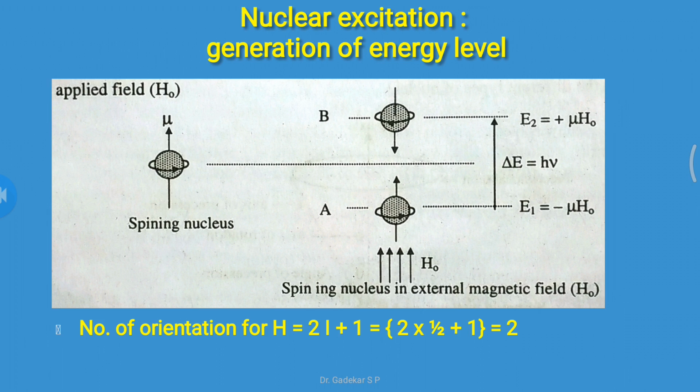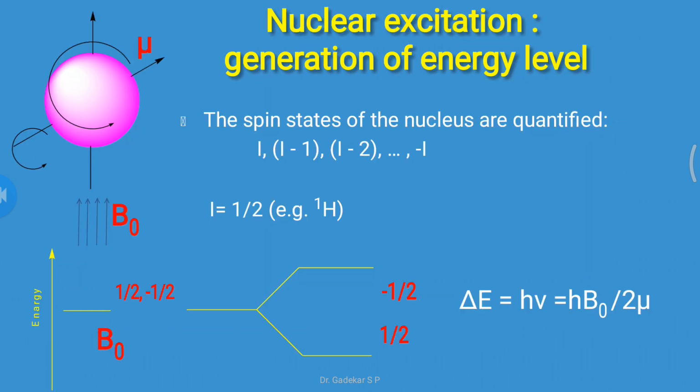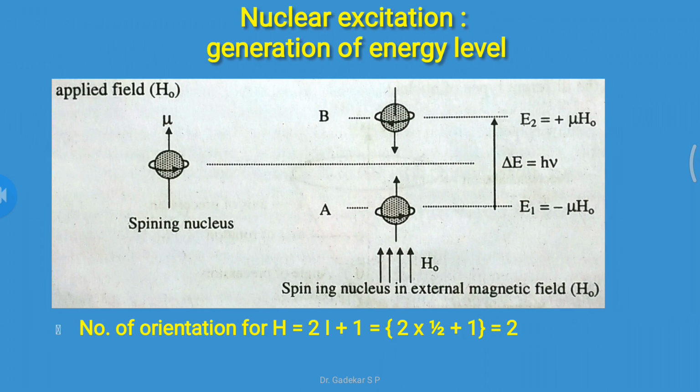This energy difference we can calculate as delta E is equal to h mu, which is equal to h times the applied magnetic field B0 upon 2 pi. Mu is the generated magnetic field.